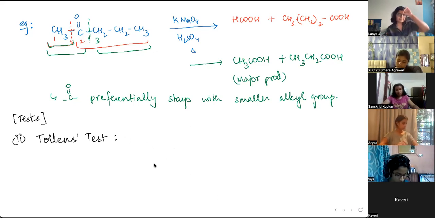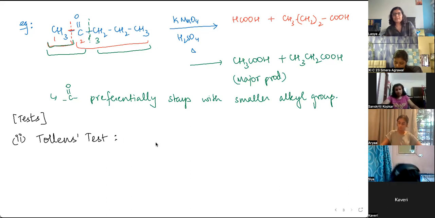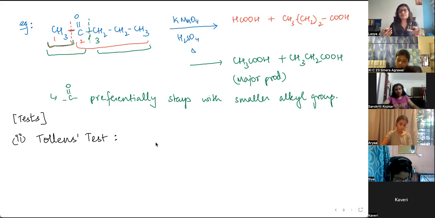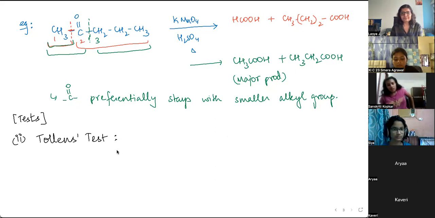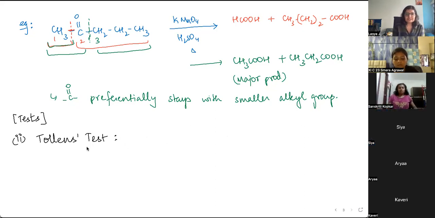Suppose you have a mystery organic compound with the formula C something, H something, O. It undergoes reaction A, it undergoes reaction B. And then if they say this also shows Tollens test or gives a silver mirror with Tollens reagent, that's a hint that this could be an aldehyde. This is not a ketone.